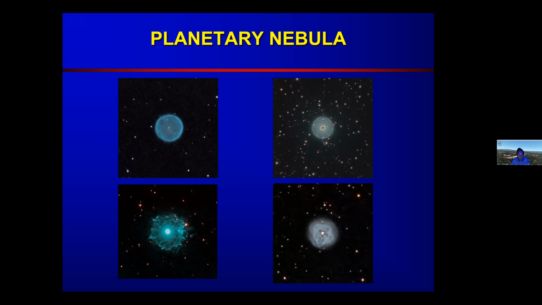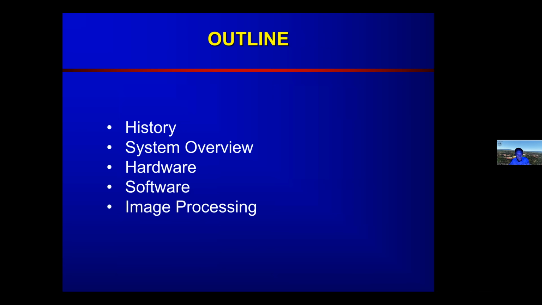I can't remember right now, but they're cool looking and also eminently eligible. The problem is they're pretty small, so you can't image them unless you have a long focal length scope.